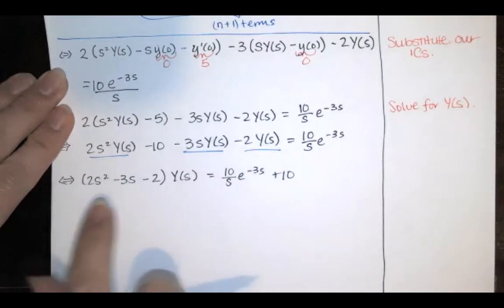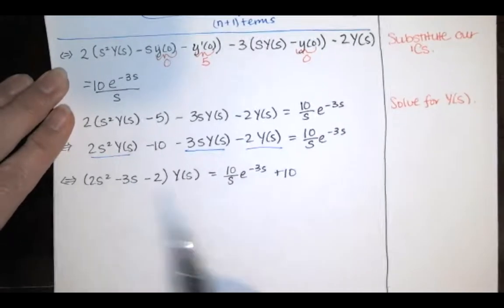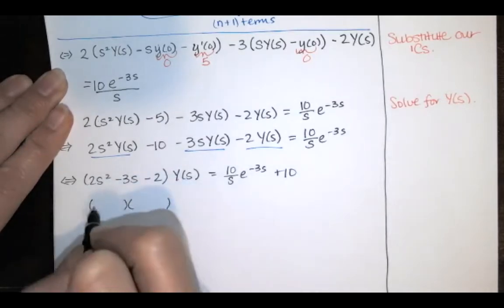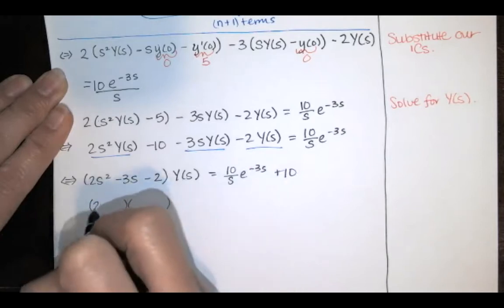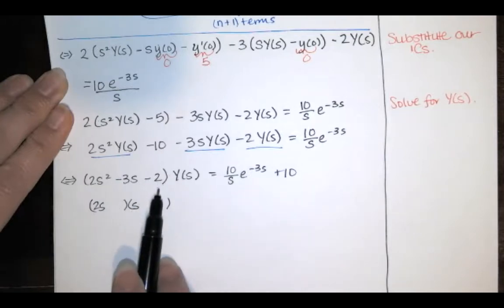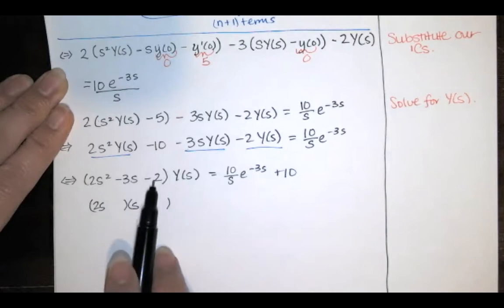Now, it would be helpful if we could factor this first. You have some options for factoring. You can use factoring by grouping if you want to, or you can just think of it this way. I need my first times first to give me a 2s squared. So I'll have a 2s here and an s here. I need outer times outer plus inner times inner to give me a negative 3s. And last times last has to give me a negative 2. So we're going to have two numbers with opposite signs. They have to multiply to 2.